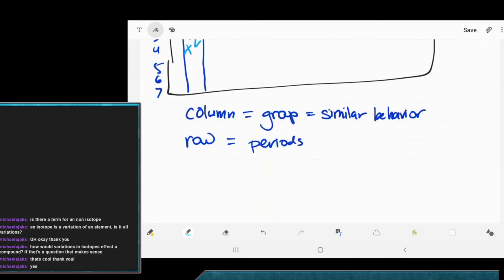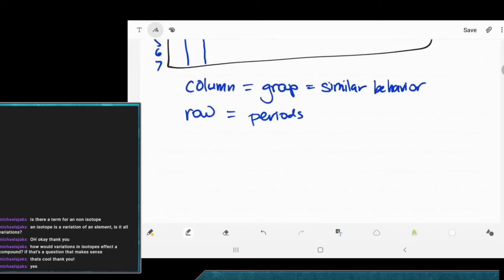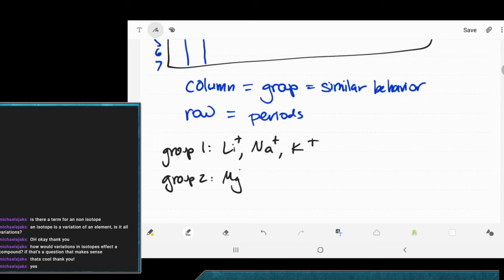But suffice it to say that things in group 1, so something like lithium, sodium, potassium, those all prefer a +1 charge. Things in group 2 will often be seen with a +2 charge.